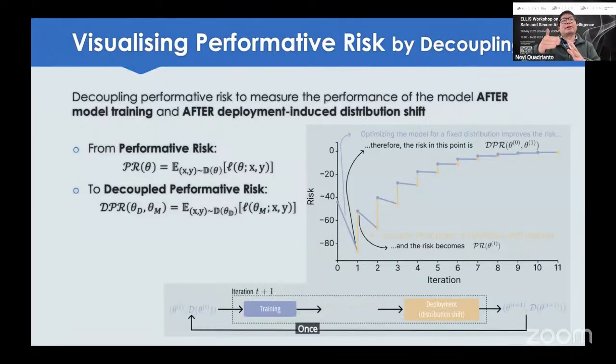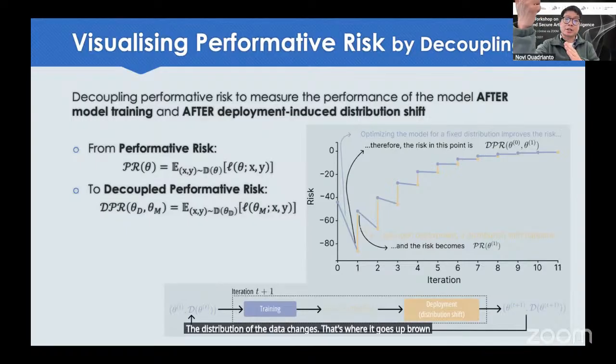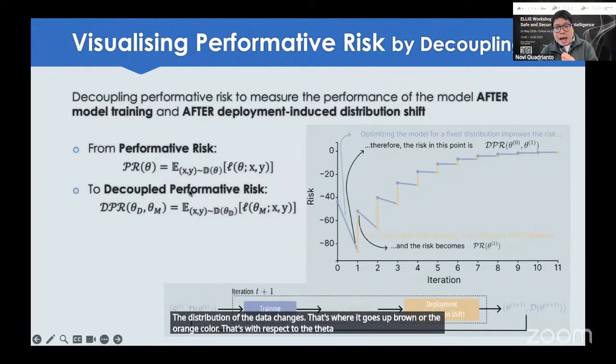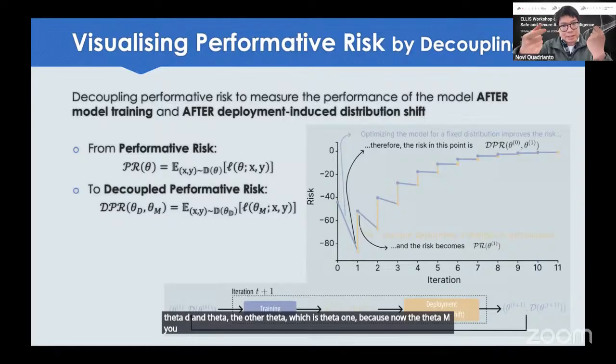Once you deploy it, the distribution of the data changes. That's where it goes up, the brown or orange color. That's with respect to theta d. So when you just optimize with respect to theta m, this particular risk is the DPR, decoupled performative risk, where theta d stays at theta 0, and theta m is theta 1, because you have already optimized one step.